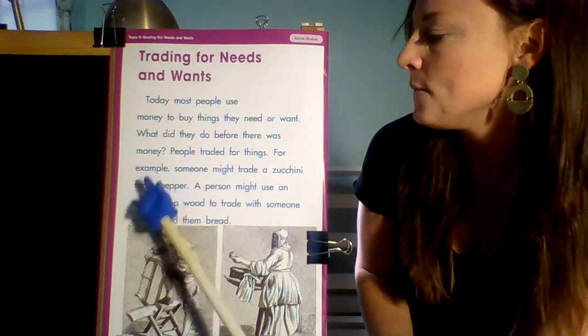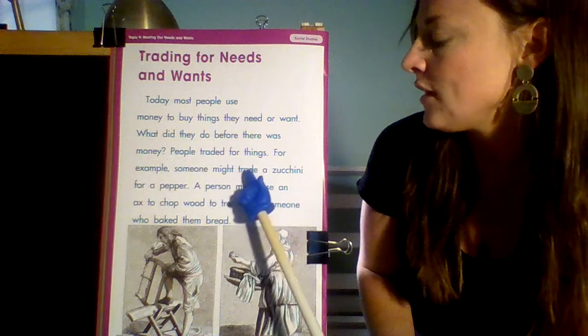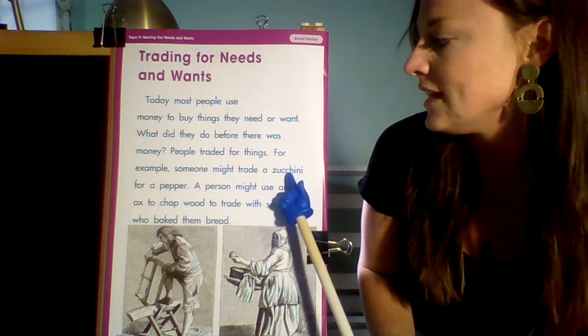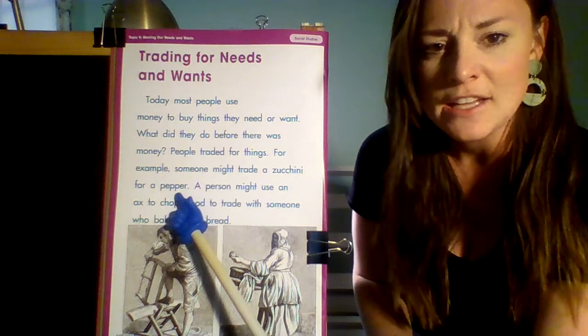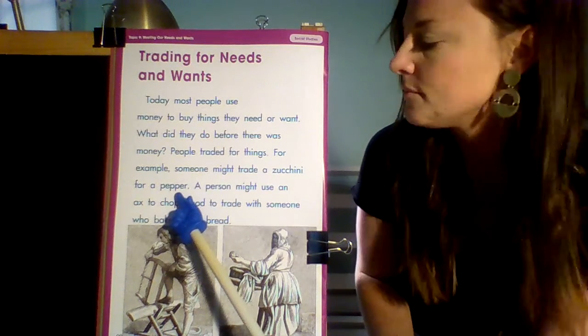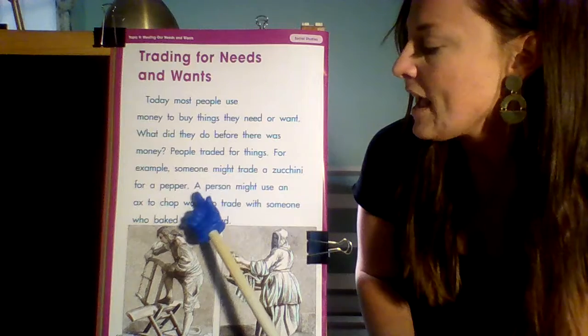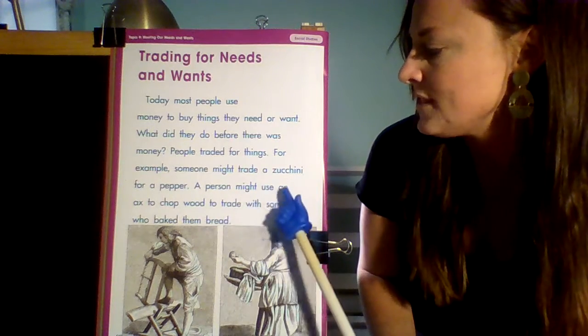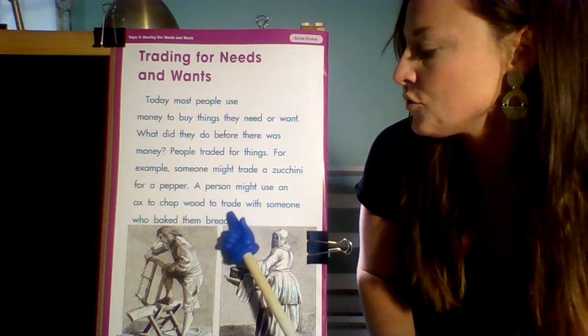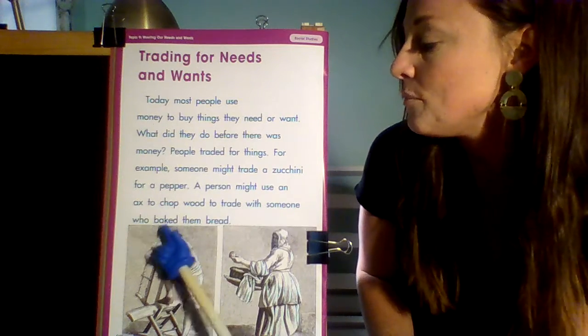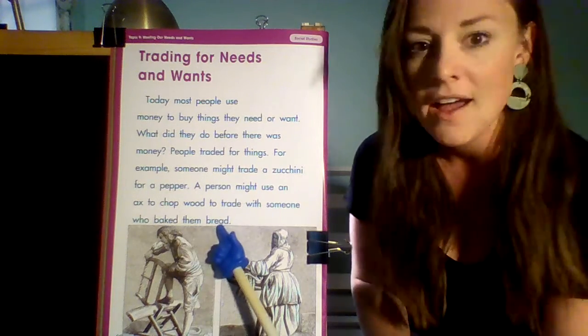For example, someone might trade a zucchini for a pepper. A zucchini, that's that long green vegetable. A person might use an axe to chop wood to trade with someone who baked them bread.